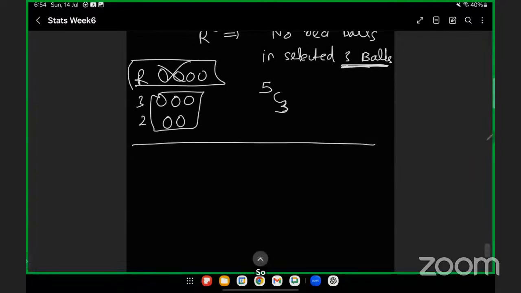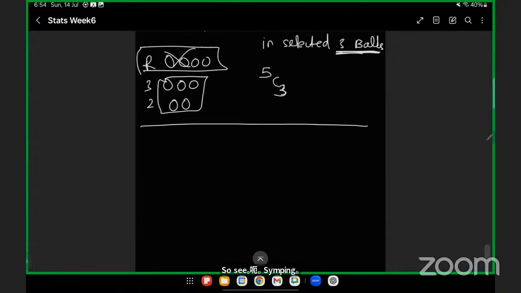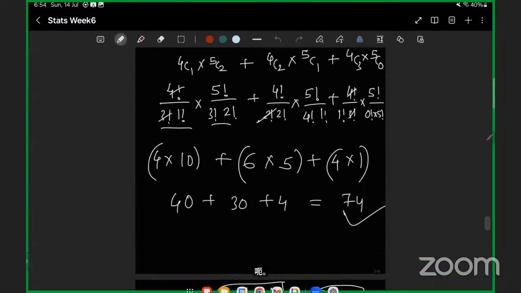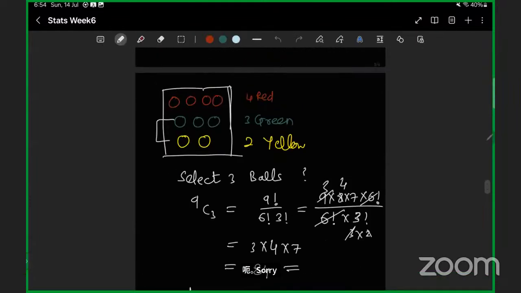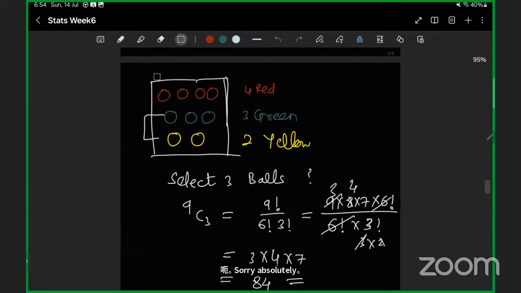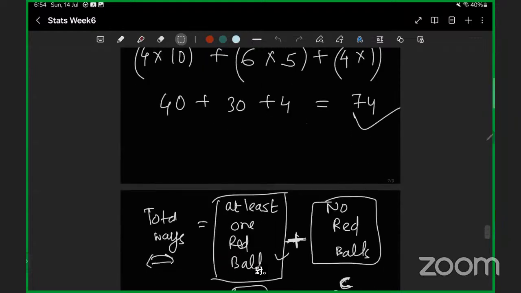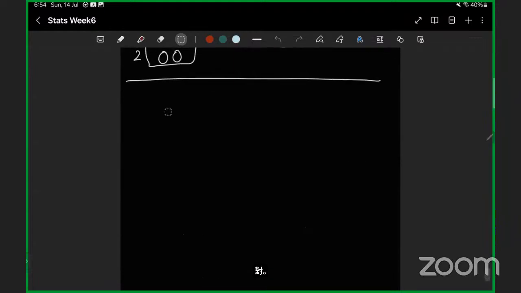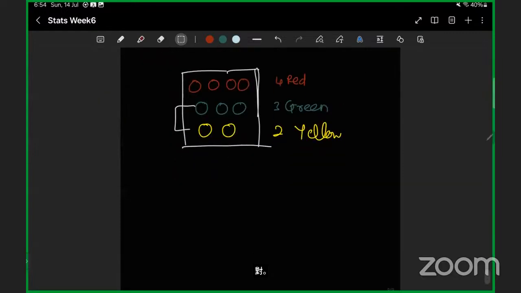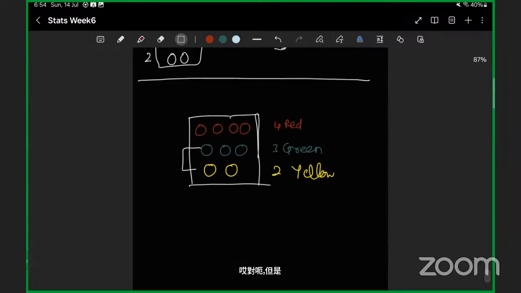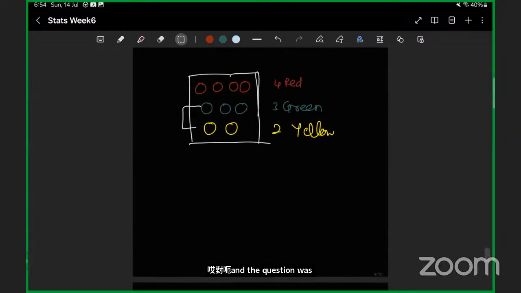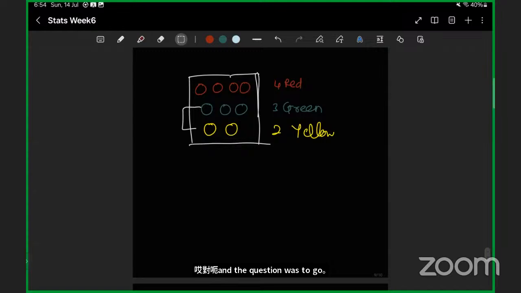So let's say the same thing. The earlier example was this, I had this. And the question was how to select at least, previously at least one or something.